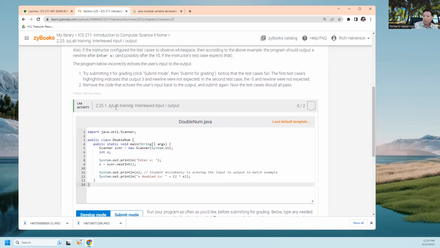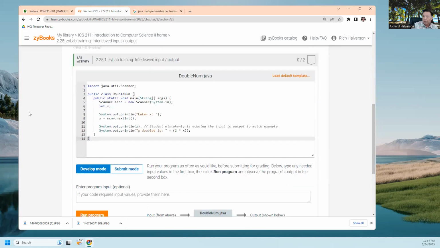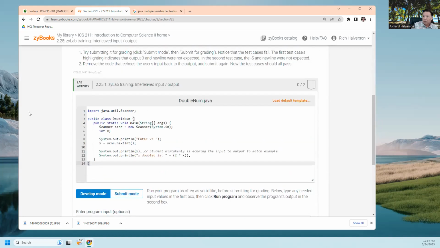So what are we supposed to do with it? Try submitting it for grading. Notice the test cases fail. So what am I supposed to enter?